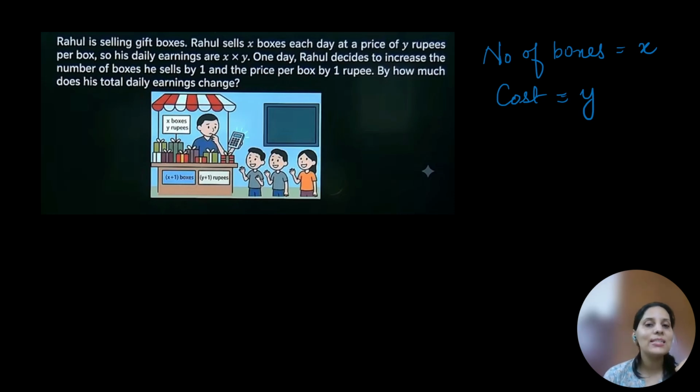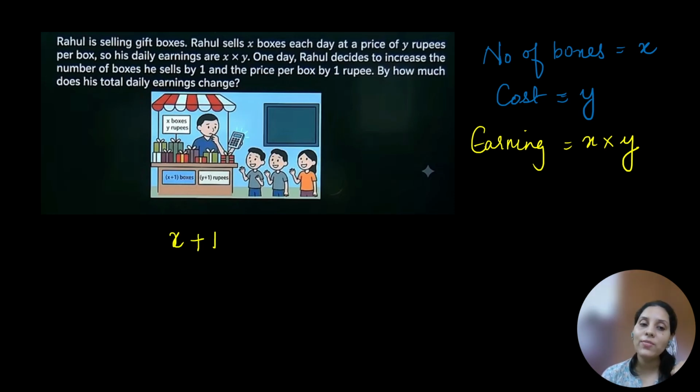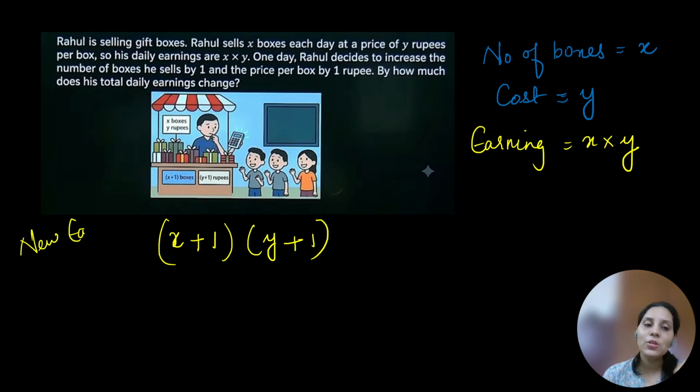So his daily earnings are X into Y. One day Rahul decides to increase the number of boxes by 1 and the price by 1. So X is also increased by 1 and cost is also increased by 1. So this is the new earnings. The question is, by how much has his daily earnings increased?